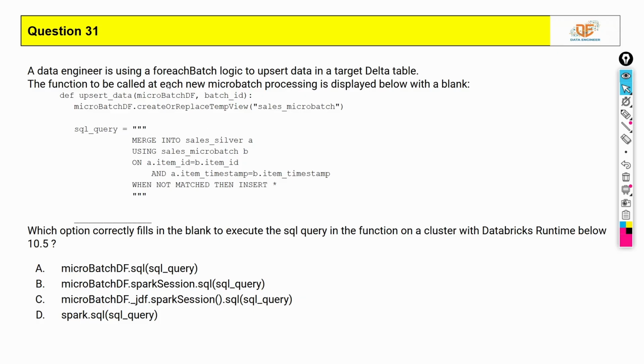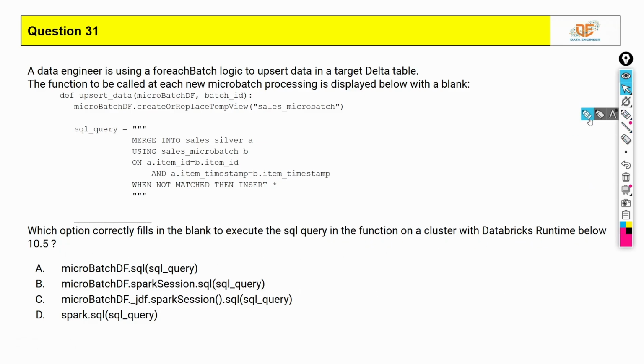A data engineer is using foreach logic to update the target table. They have written the user-defined function, they have created the micro batches, and they have to write the code to run this particular Spark SQL query. Which option correctly fills in the blank to execute the SQL query in the function, runtime below 10.5?